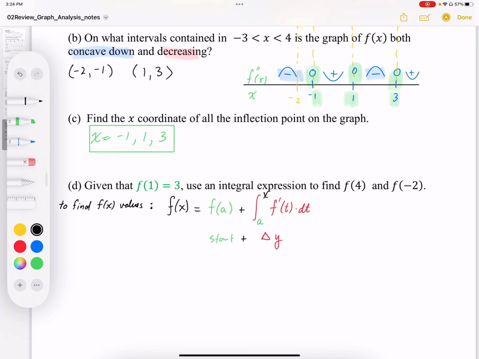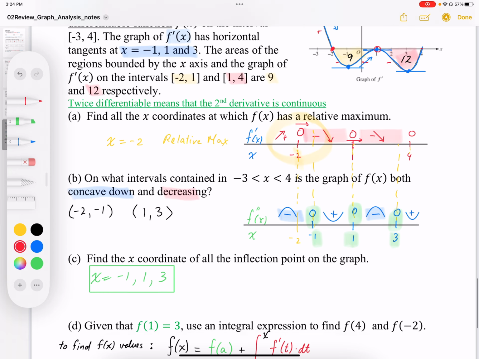So if I want to work out the value of f of 4, I need the starting point. That's going to be y equals 3 plus the area under the curve of the derivative from x equals 1 to x equals 4 under the derivative f prime function.